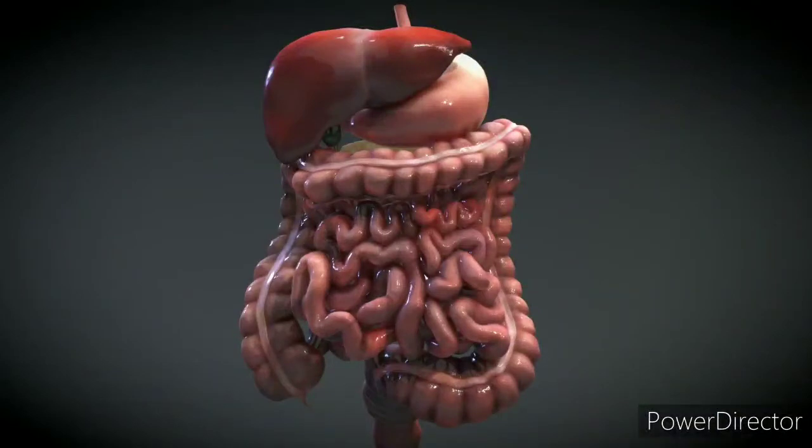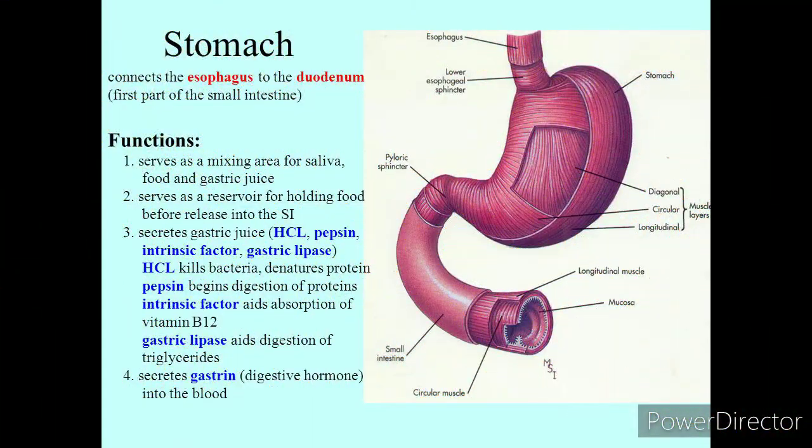So, let's understand the functions of the stomach in brief. First of all, it mixes saliva, food and gastric juice to form chyme. Secondly, it serves as a reservoir for food before release into the small intestine. Thirdly, it secretes gastric juice which contains HCl, pepsin and intrinsic factor together with a gastric lipase.